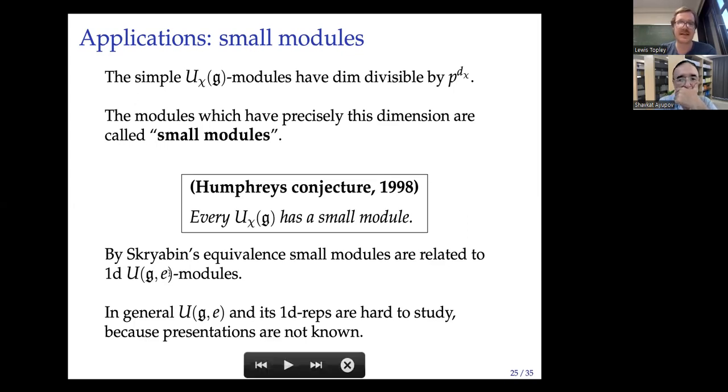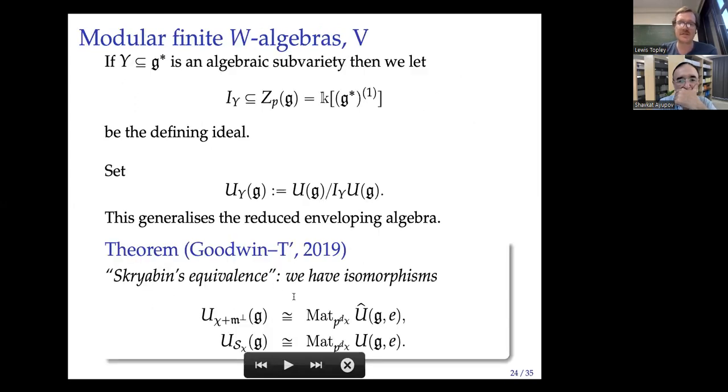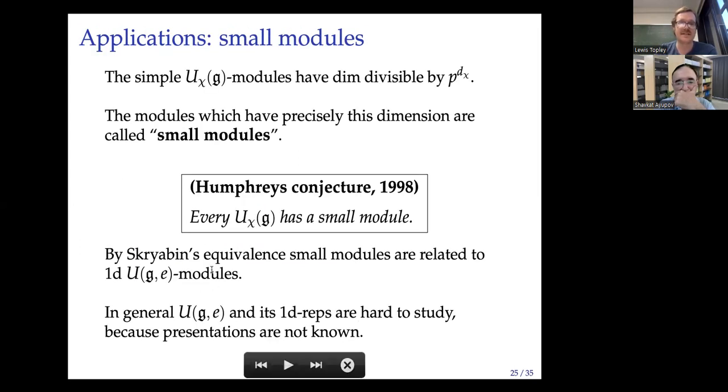They're not just the same thing, essentially because the dimensions of orbits of elements of this variety are not all the same. But I'll gloss over that detail. What's true is that the existence of a one-dimensional module for this algebra is equivalent to U_χ(g) having a small module. Okay, so really hunting for one-dimensional reps is the game in Humphreys' conjecture.